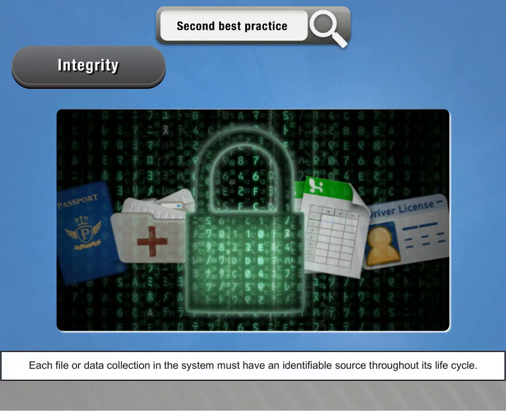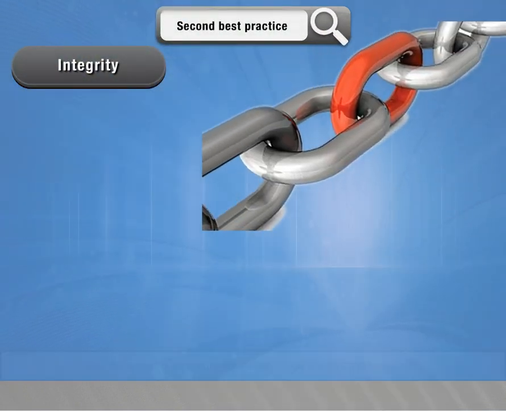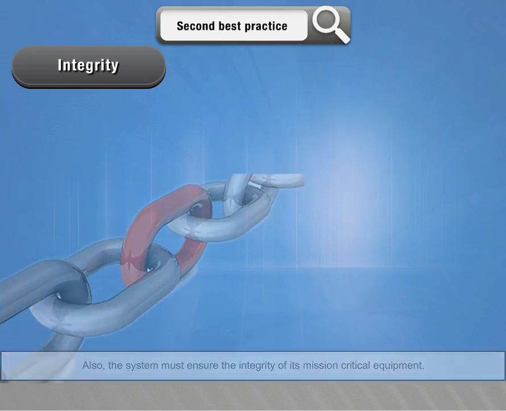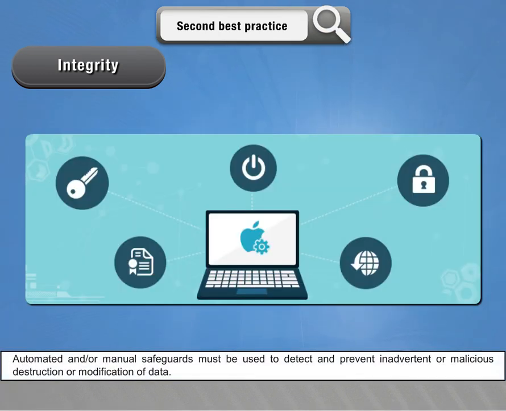Each file or data collection in the system must have an identifiable source throughout its life cycle. Also, the system must ensure the integrity of its mission-critical equipment. Automated and/or manual safeguards must be used to detect and prevent inadvertent or malicious destruction or modification of data.